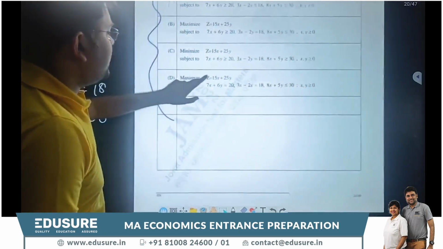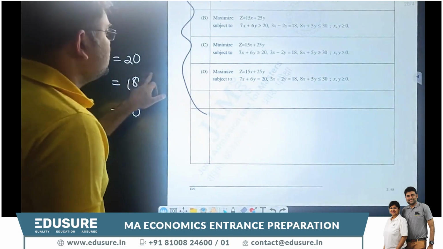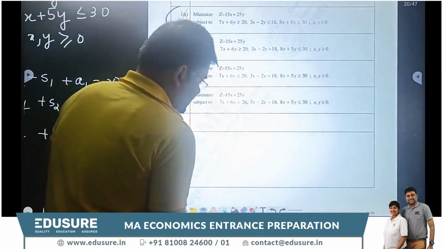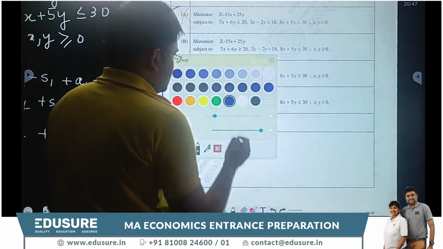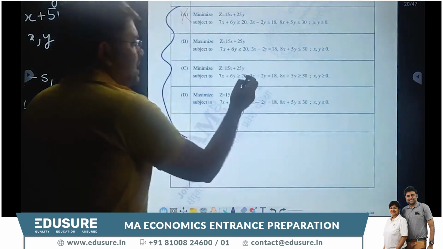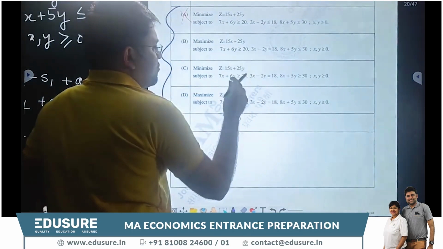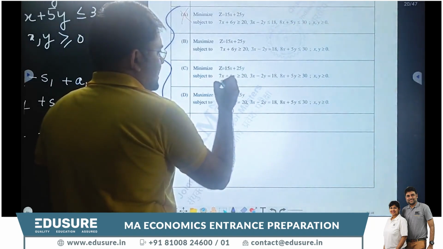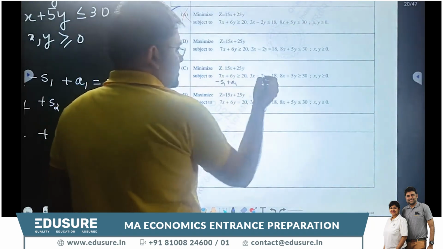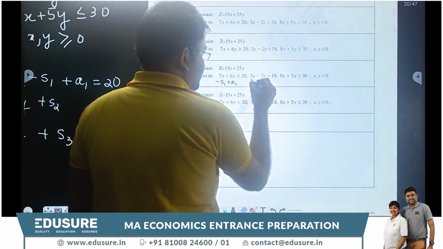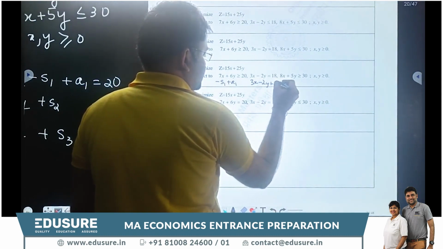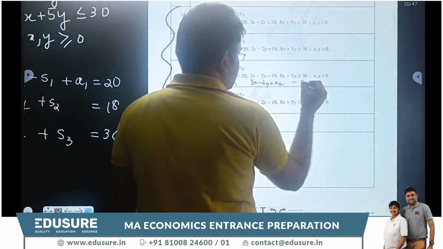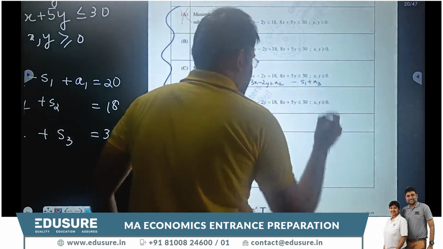Okay. Similarly, if you take a look at option C में z is equal to 15x plus, तो यहां पर बेसिकली I will have one slack variable and one artificial variable. यहाँ पर I have 3x minus 2y plus one artificial variable. Okay. Here I will have minus s1 plus another artificial variable.